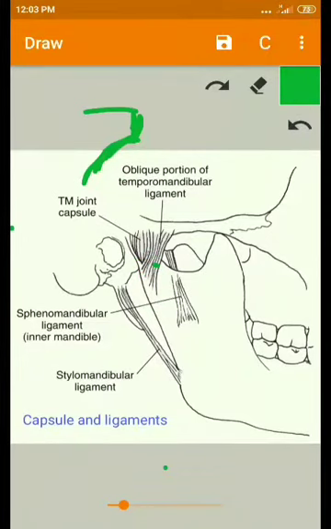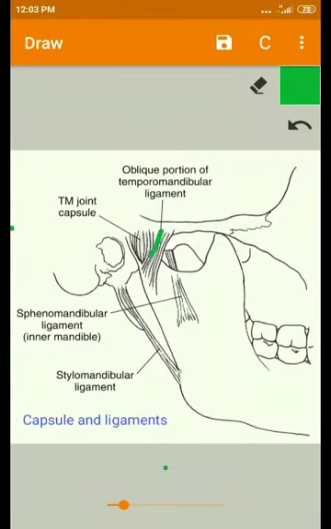Okay, so neither of these bands, that means the oblique portion as well as the horizontal portion, limits the forward translation.